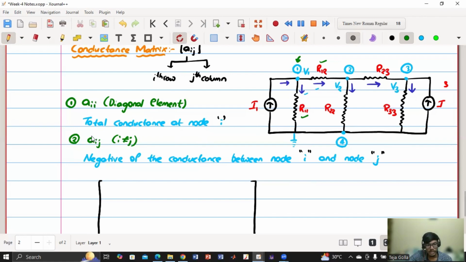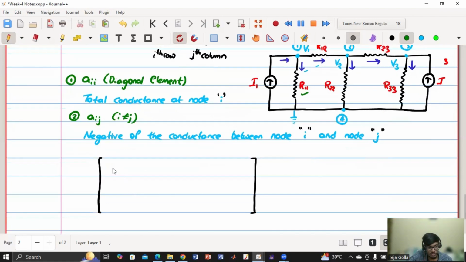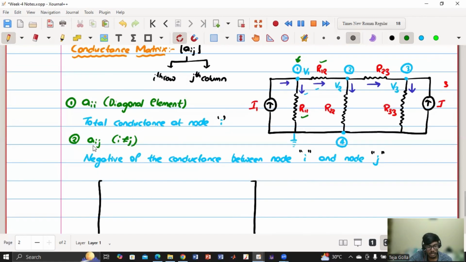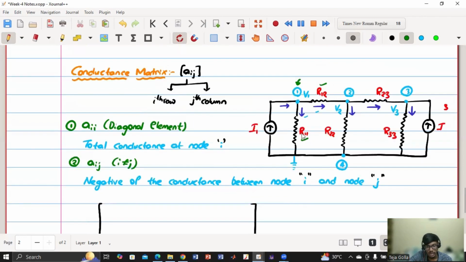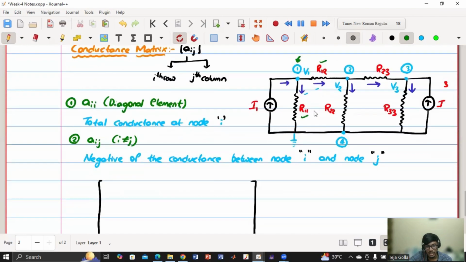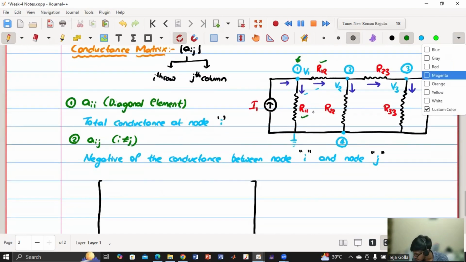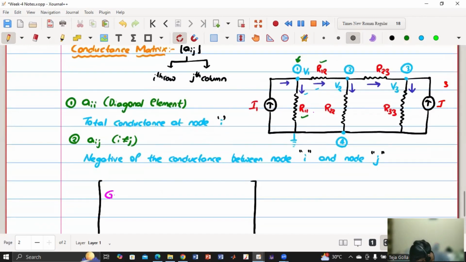Okay, let me repeat again. If it is a diagonal element, we'll get the element value as the total conductance at node i. As it is A11, which means node 1, the element value is the total conductance at this node, which is the summation of this conductance plus this conductance, G11 plus G12.